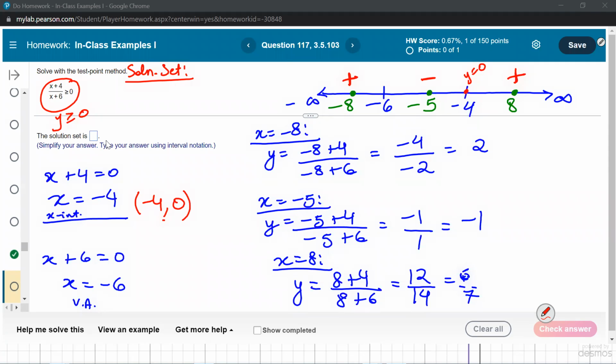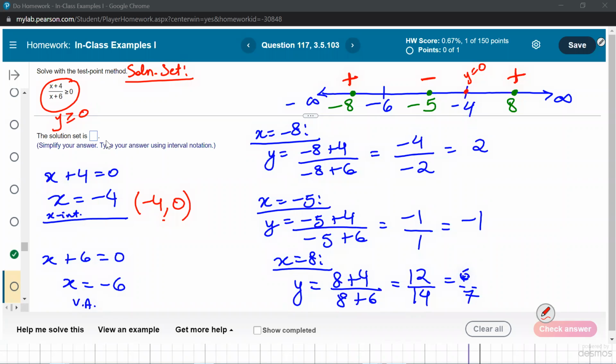First, let's look at where your y value is greater than 0, at what intervals? Dawson, any idea? -6 to -infinity is all positive, and then -4 to infinity.